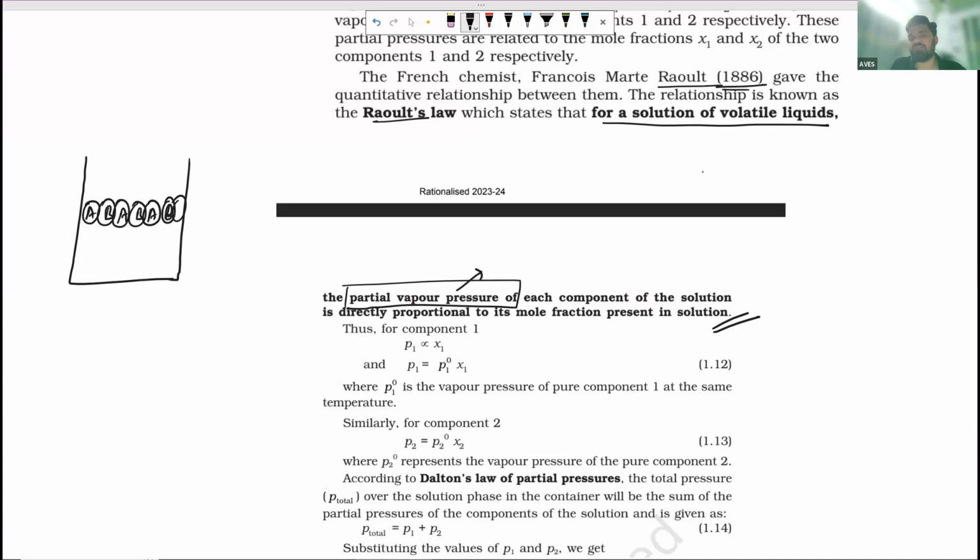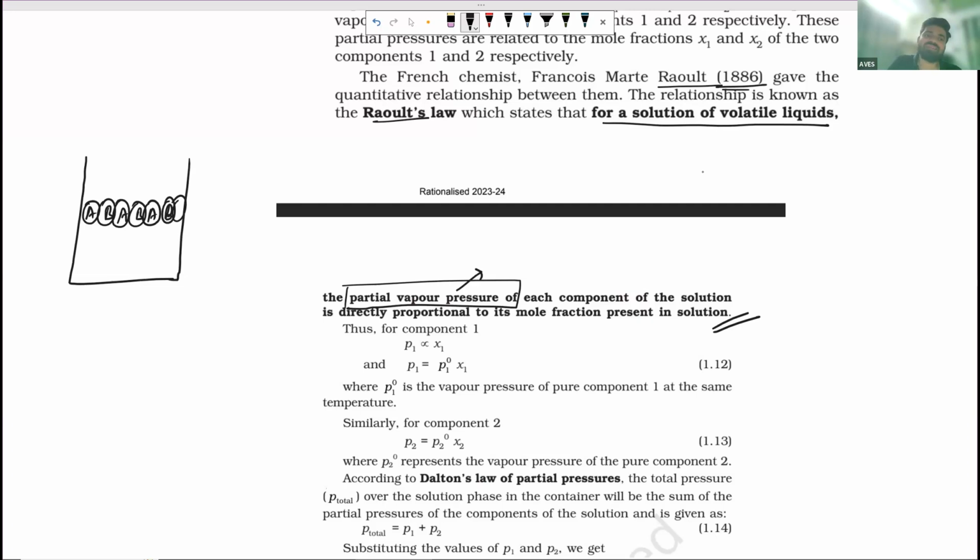You know that the surface will have both the particles at the top, because they are mixed together. For example, if you are adding ethanol and water and mixing them together, the particles of ethanol will be there, and the particles of water will be there. At the surface, both the particles will be present. So I'm just representing A, B, A, B, A, B, meaning particles of solute and solvent.